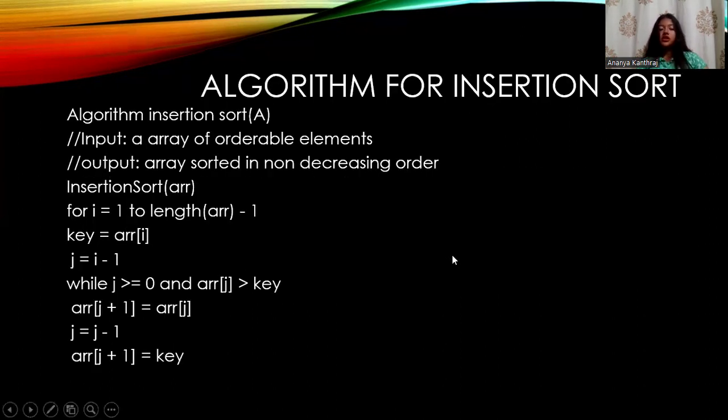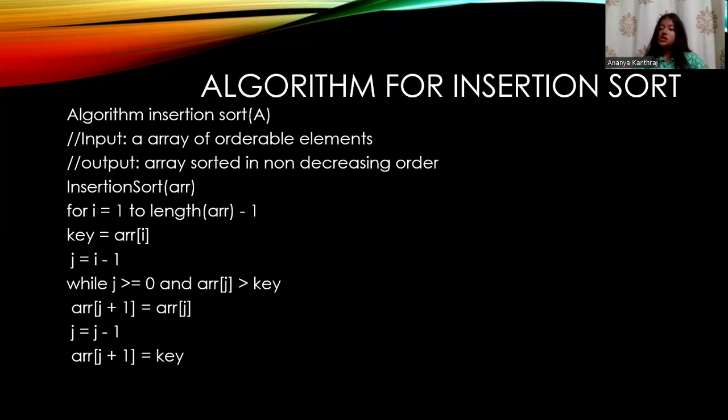So here you can look into the algorithm once. The input is an array of elements, and the output is the array sorted in non-decreasing order. Insertion sort: for i equal to 1 to length of array minus 1, we take key equal to array of i.